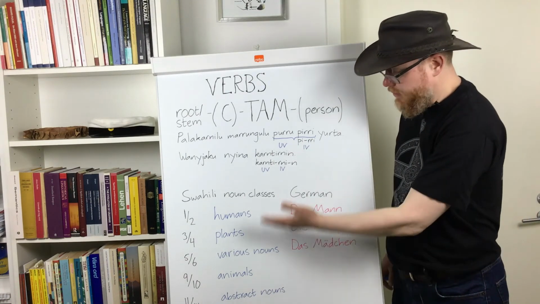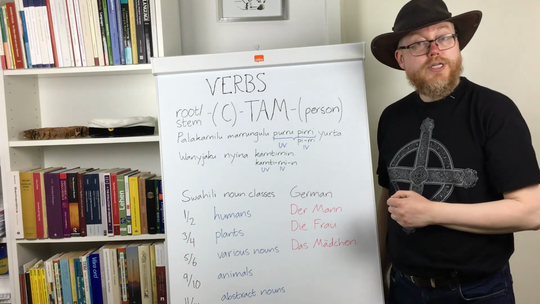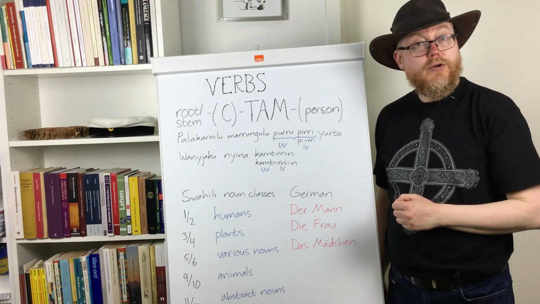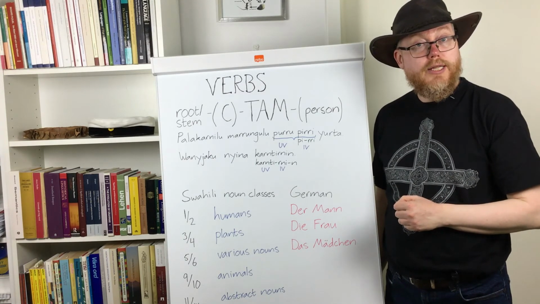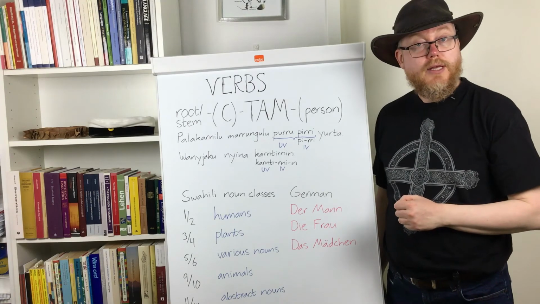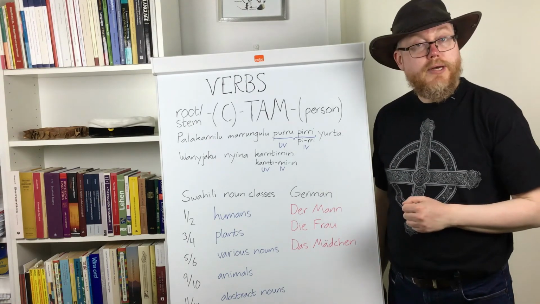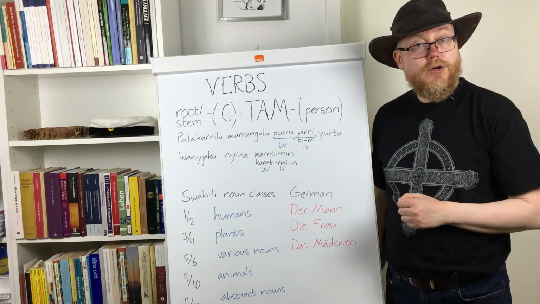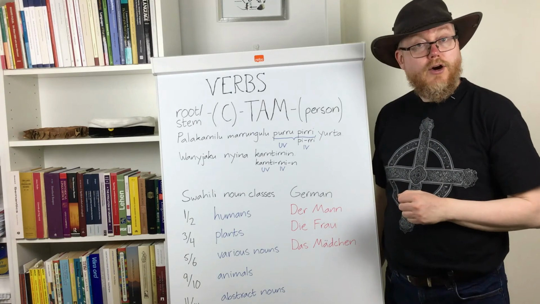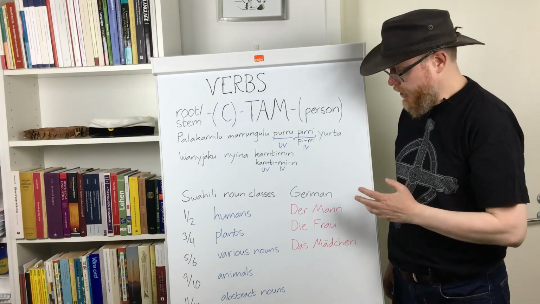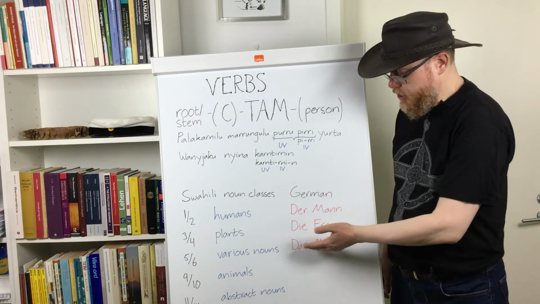Systems of noun classification are often compared to languages where we find grammatical gender, such as most Indo-European languages. Not English, of course. Here we have German, where they have the original Indo-European system of grammatical gender with 3 genders: masculine, feminine, and neuter.